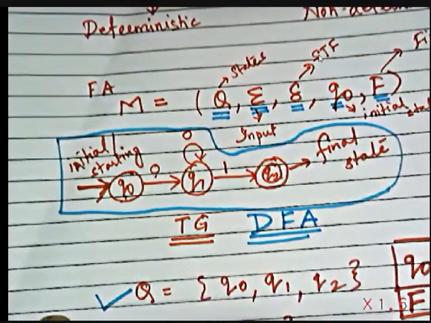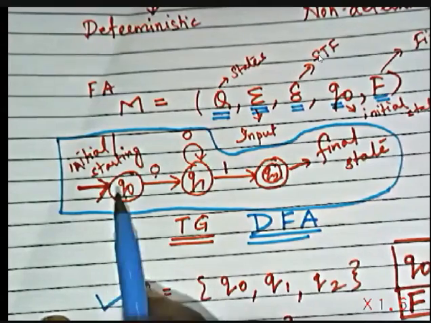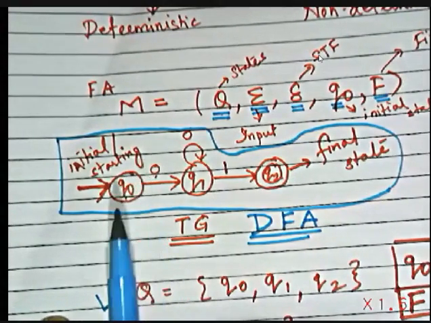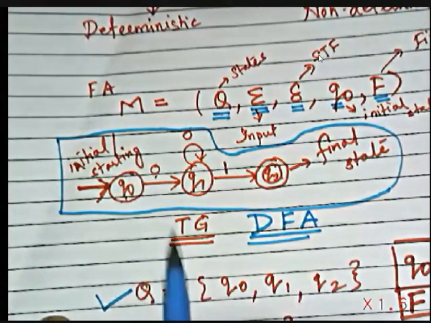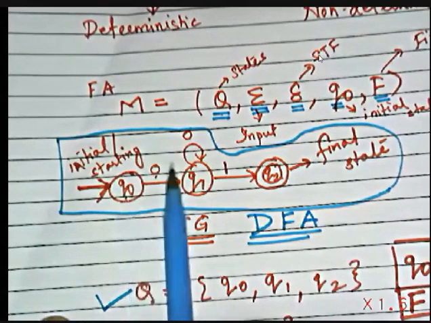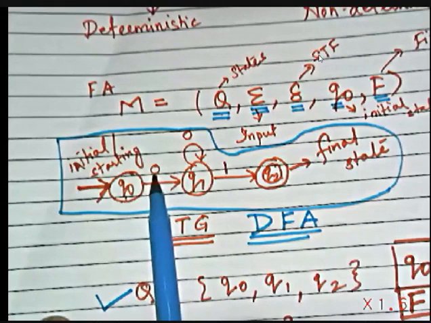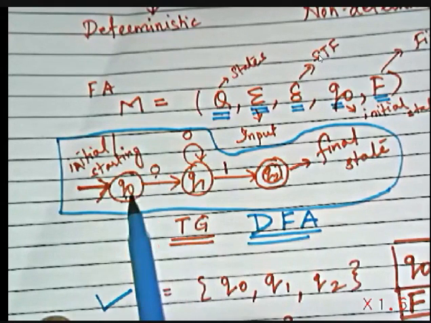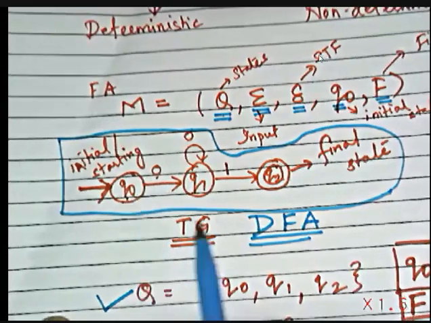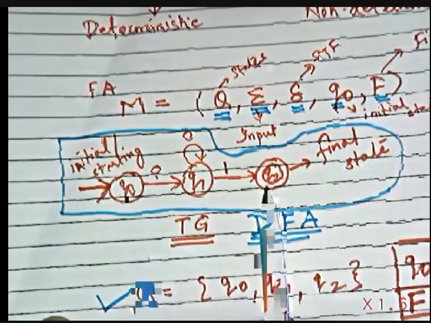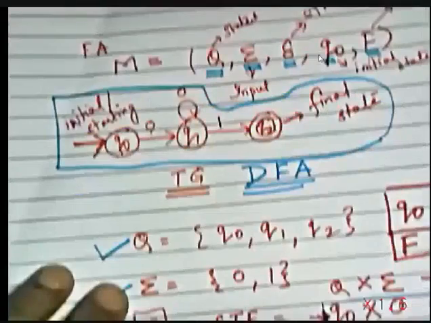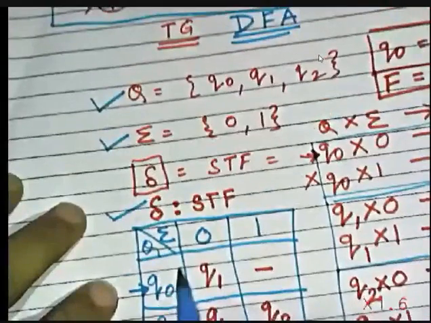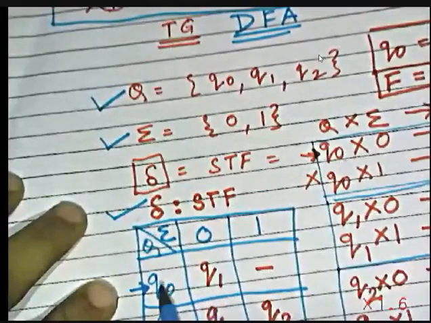So this diagram is an example of a deterministic finite automata. Why? Once again, for every state, for the current input symbol, it moves to only a single state. There is no other transition. If Q0 on 0 also moved to Q2, there would be two entries in the same cell: Q0 on 0 moves to Q1 as well as Q0 on 0 moves to Q2.